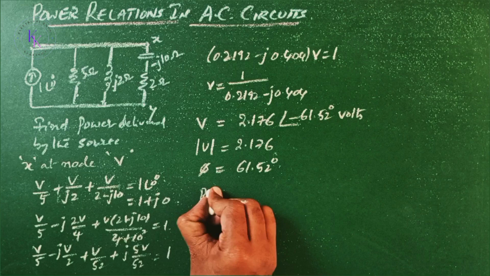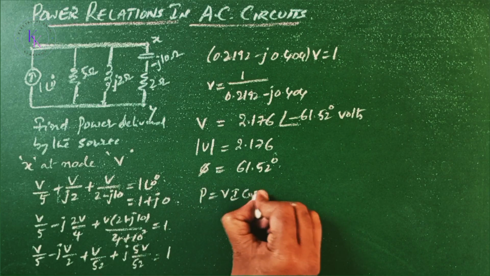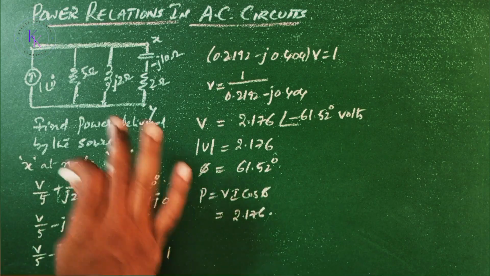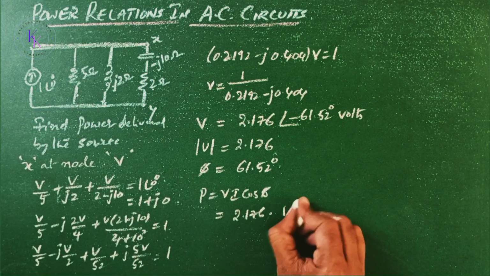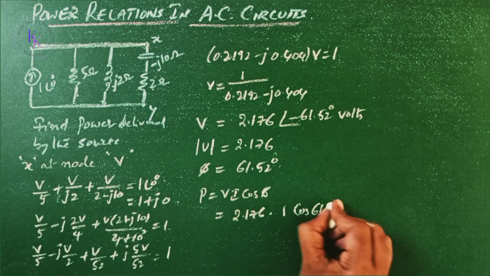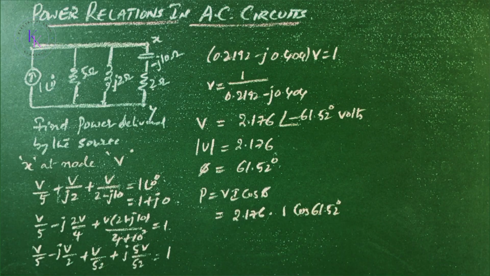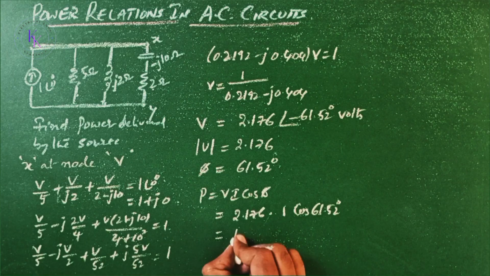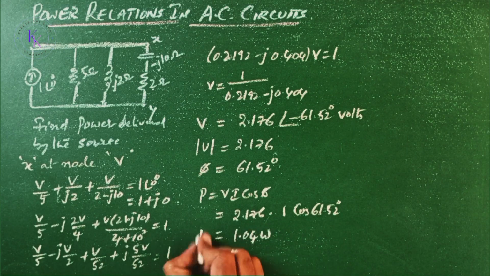The active power P is given by VI cos phi, that is 2.176 multiplied by the current I, which is 1, and cos of the angle 61.52. It may be a negative value, but cos of a negative angle is again a positive value. Then you get the real power, that is 1.04 watts.